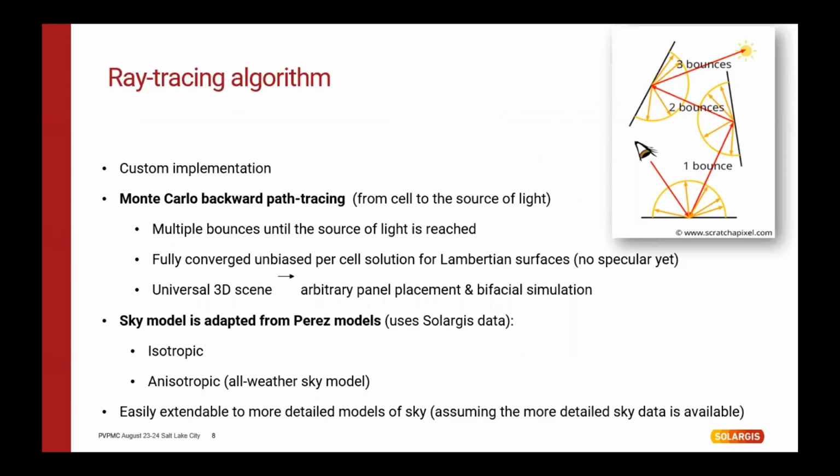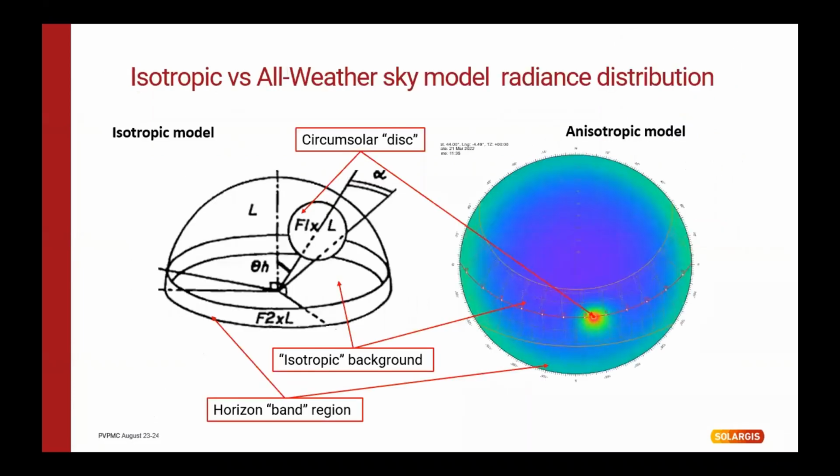The design of the ray tracing was done in a way that we can use whatever sky model, but I will focus my validation on these two models. What is the difference? The isotropic model is probably well known to many of you.